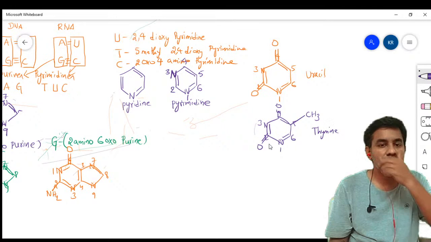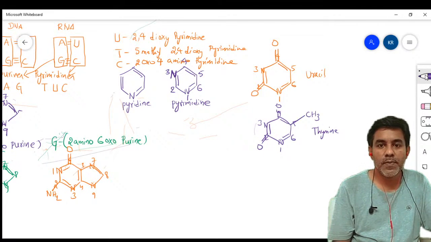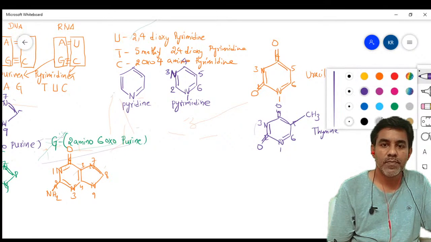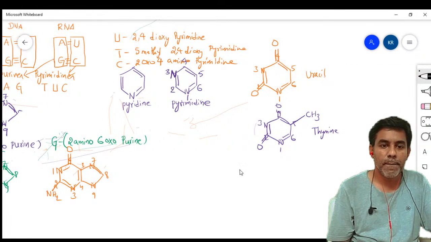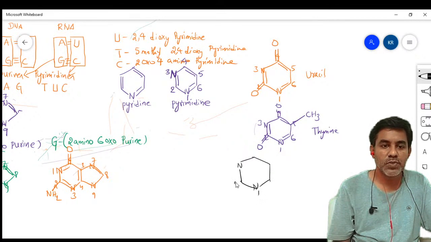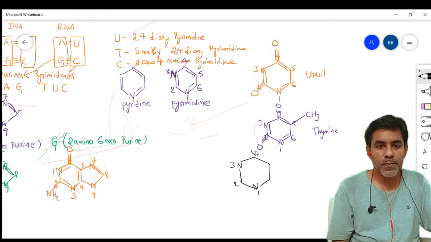And last one is cytosine. So 2-oxy 4-amino pyrimidine. So here we draw first one, second one, third one, fourth one, fifth one, sixth one.